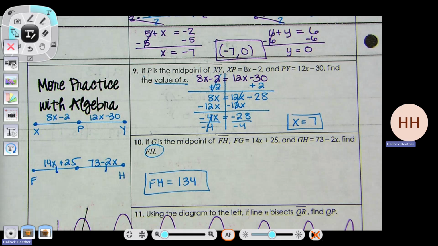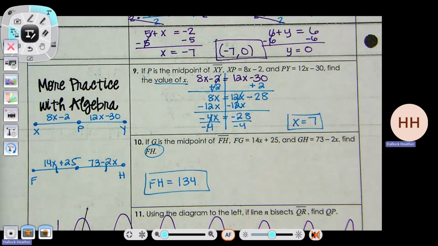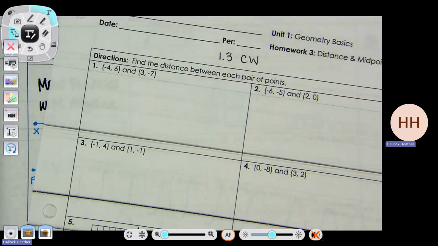For the homework, so the paper from yesterday, you did the front part of this. You can now do the back part of it, but we're gonna skip 2 problems. So take out yesterday's classwork, which is technically number 5, 1.3 classwork.